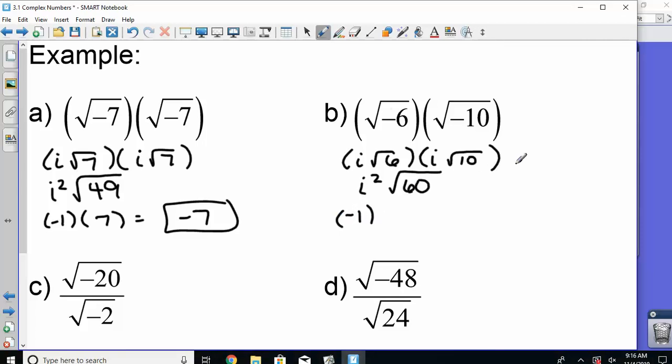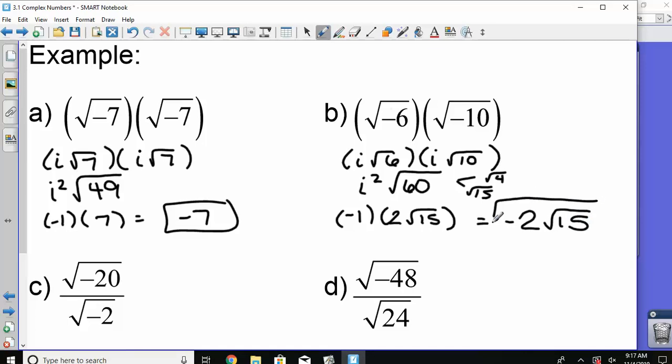Can it be broken down? We need a perfect square, so our perfect squares are like 4, 9, 16, 25. 4. Square root of 4 is 2. Can't do the square root of 15. So you get negative 2 radical 15.